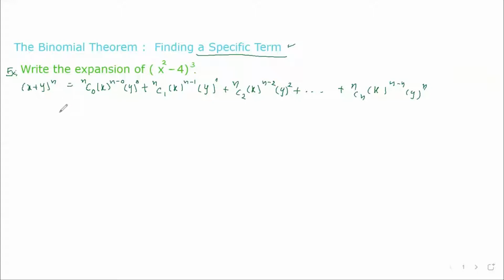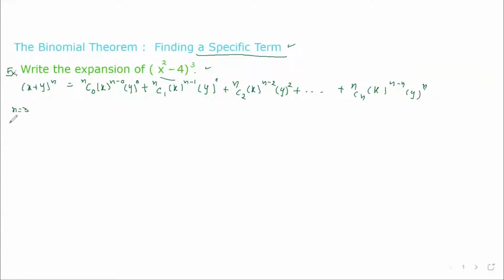Now after this, we're gonna do this question, the example: (x power 2 minus 4), the whole thing power 3. So we're gonna use the binomial theorem. In this case, n equals 3, right?